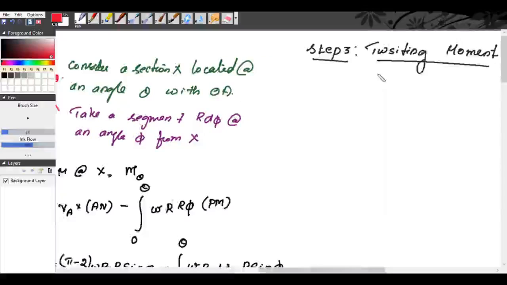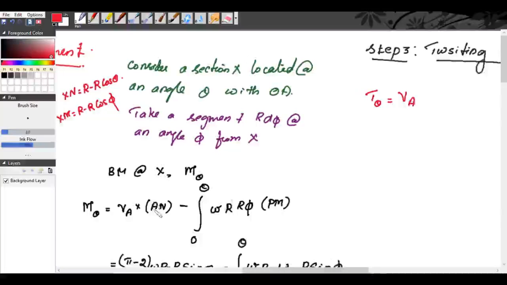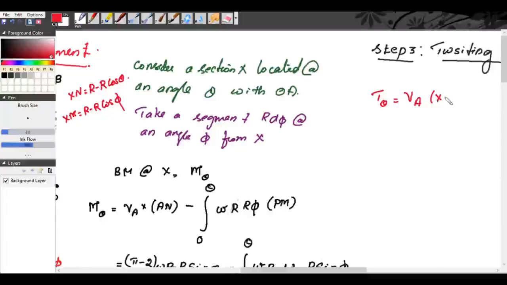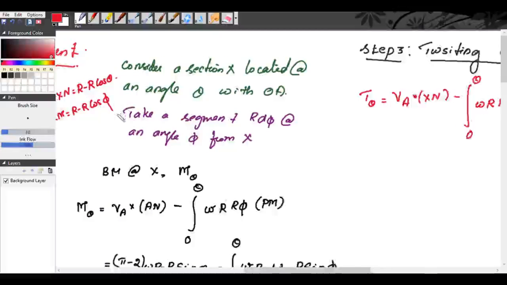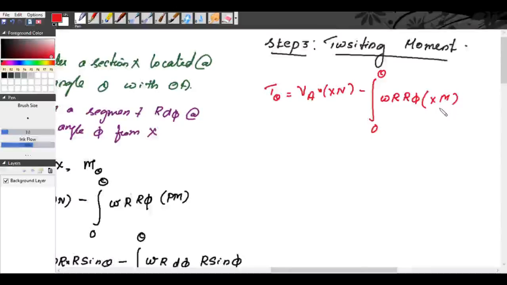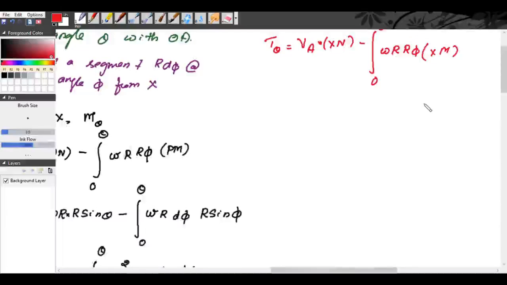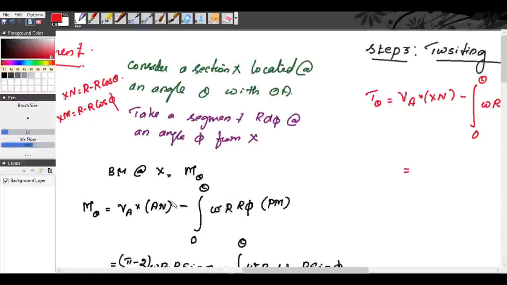So step 5, twisting moment. Twisting moment T theta will be equal to VA into, instead of AN we have XN, minus integration of 0 to theta WR into R d phi multiplied by, instead of PM we have XM, into XM. So what we get is T theta is equal to VA. VA we have already calculated.